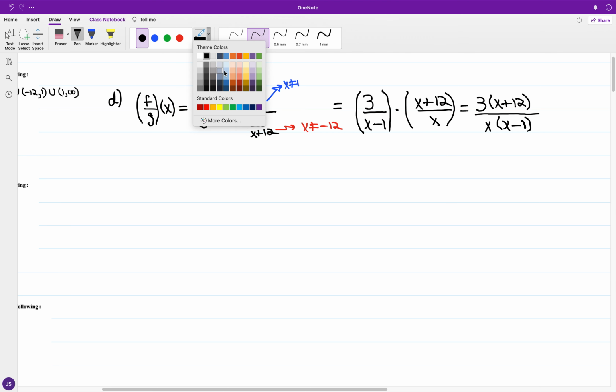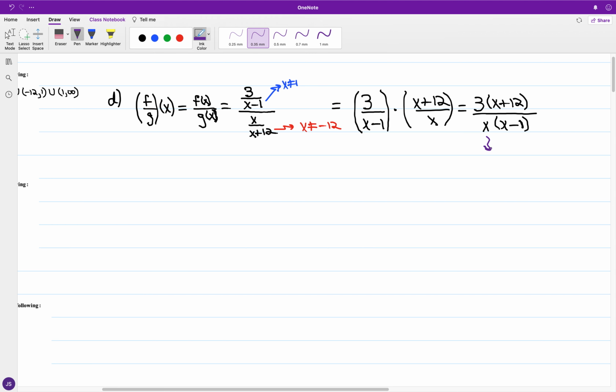Now that we have flipped g of x, we have x situated in the denominator position, so x cannot be 0. So in the case of part D, for the domain, we're leaving out negative 12, 0, and 1.